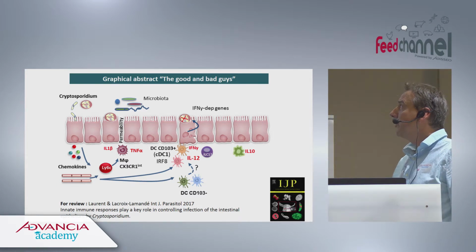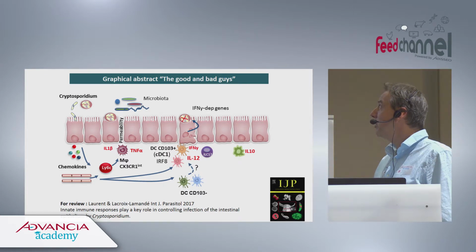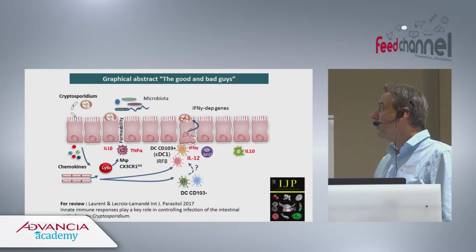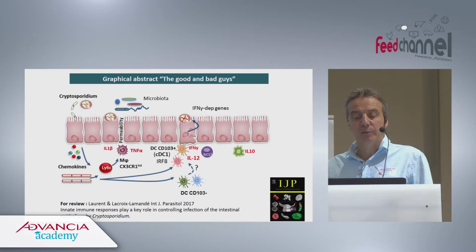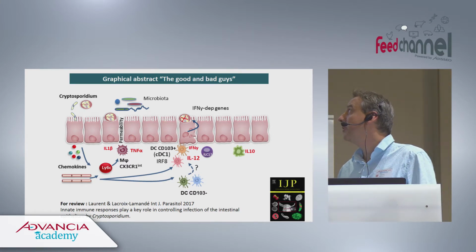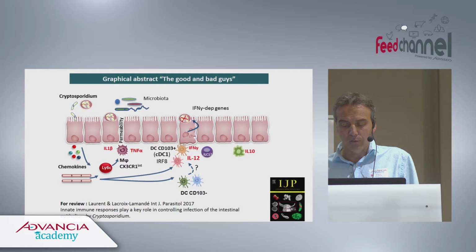And some other cells, by chance, are actually protecting the epithelium, like a different subset of dendritic cells, by producing interferon gamma. There are a lot of different intracellular mechanisms that can block parasite development in response to interferon gamma. If you want a review, we wrote one last year, so if you want more information, please go and read it.